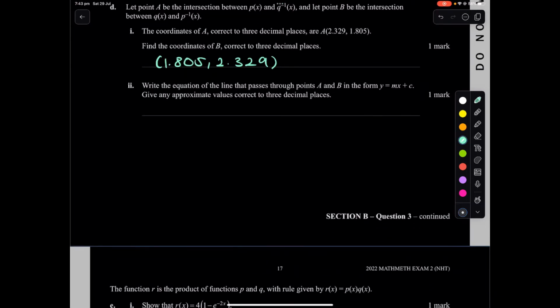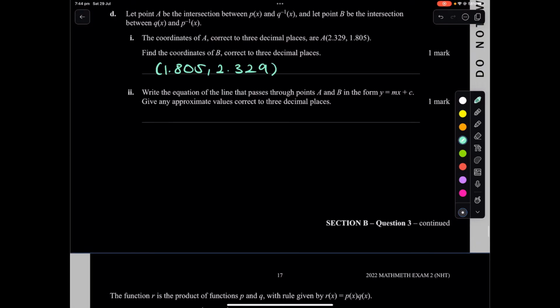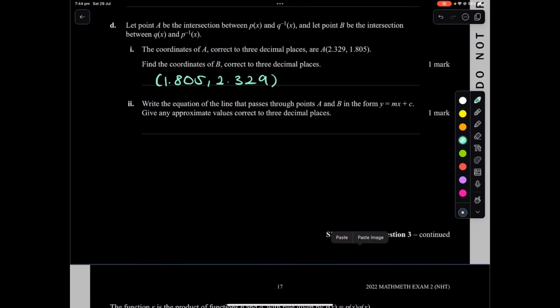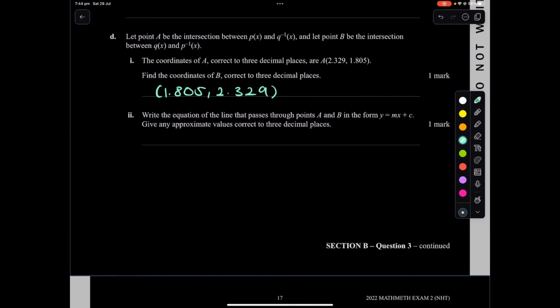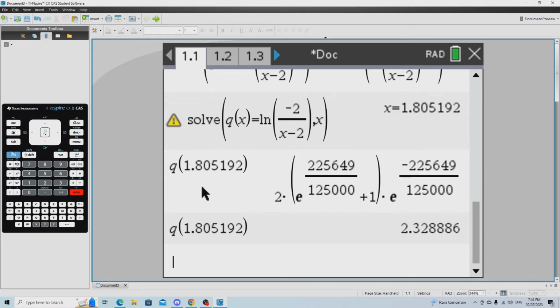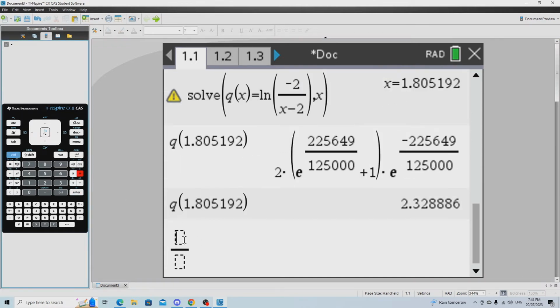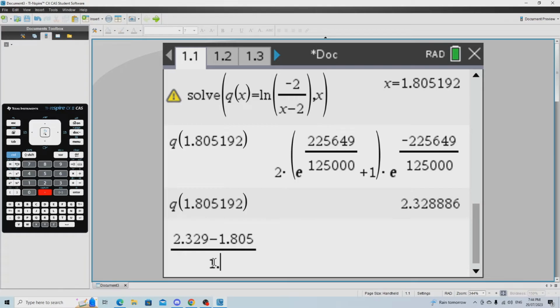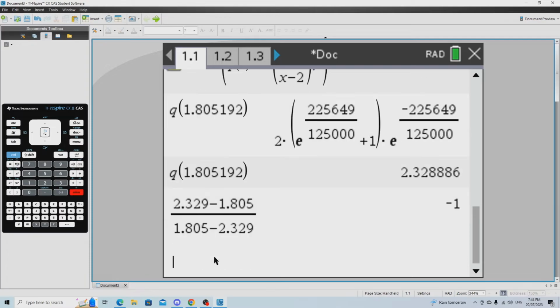Write down the equation of the line that passes through the points A and B in the form y equals mx plus c. Give any appropriate values correct to 3 decimal places. Okay, let's find the gradient. Because we know the 2 points, 2.329 minus 1.805 over 1.805 minus 2.329 gives us negative 1.